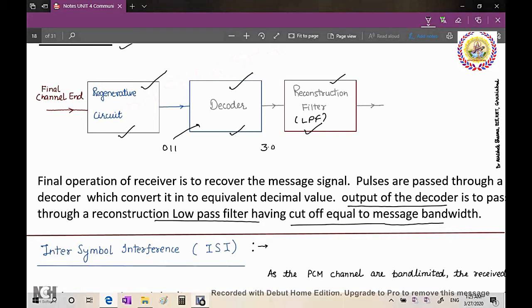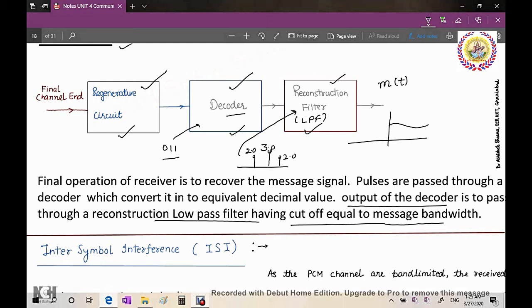3, 3, 0 and so on. The decoder converts these bits again into quantized values. So after applying this value to the reconstruction filter, it gives the output, which is equivalent to your message m(t).